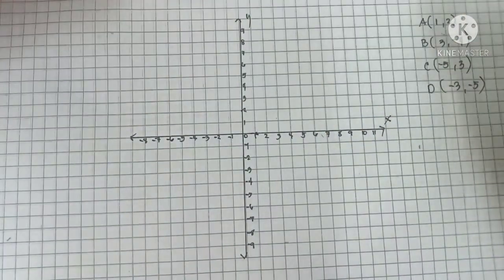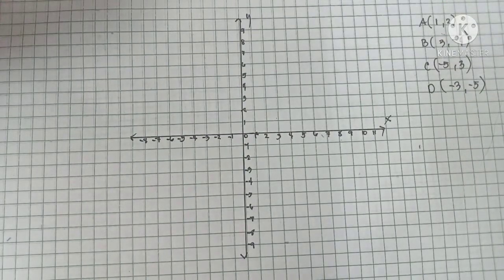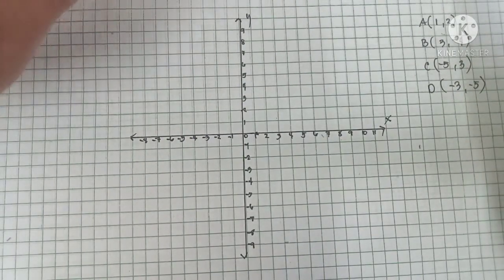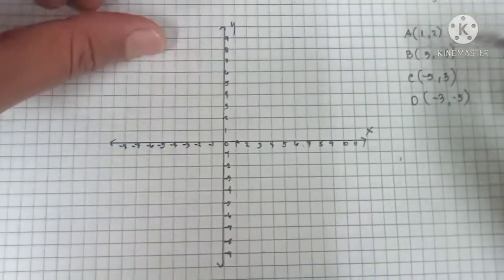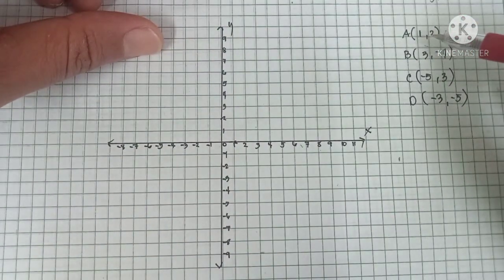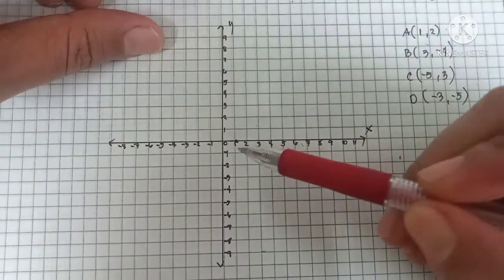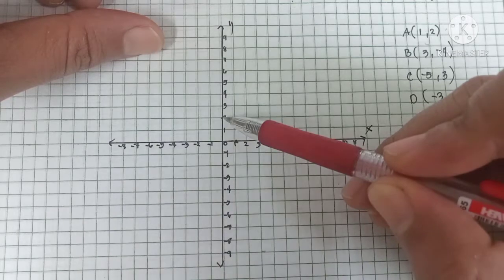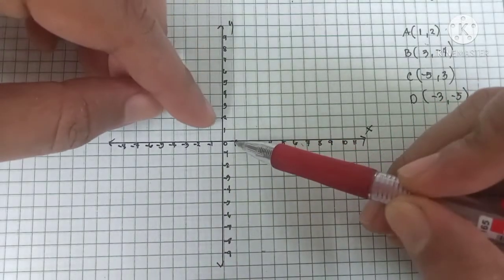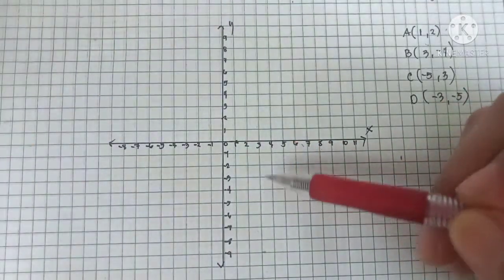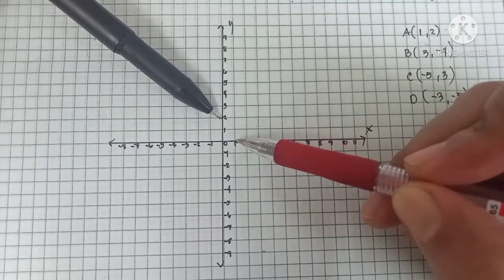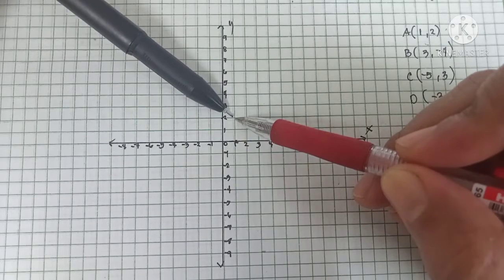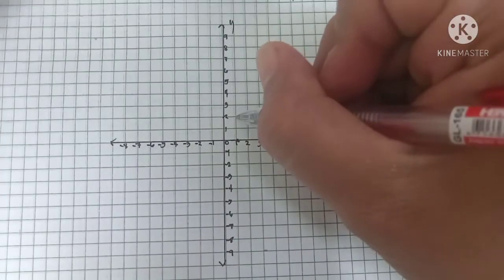So what we're going to do is we're going to meet the two values towards the first quadrant, since our point A is at quadrant number 1. Okay? So therefore, our x is 1 and our y is 2. So we're going to meet the 2 points towards our first quadrant. So therefore, they're going to meet at this point here.